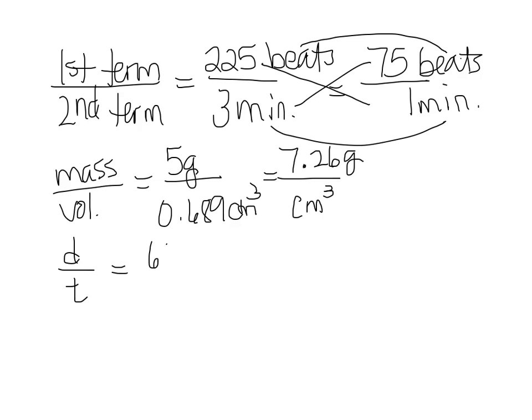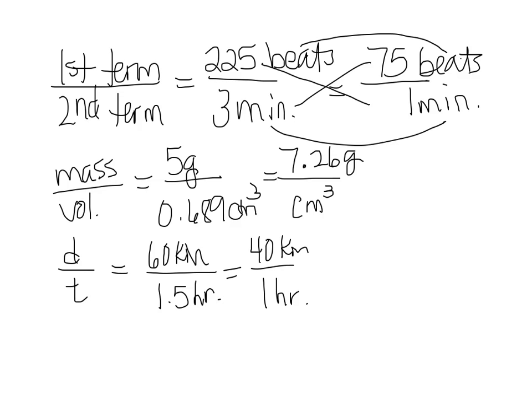He goes 60 kilometers in 1.5 hours. So we're going to do a unit rate. We want our second term to be 1. In 1 hour, how far does he go? 60 divided by 1.5 is 40 kilometers. So you would say his average speed for the first part of the race is 40 kilometers per hour.